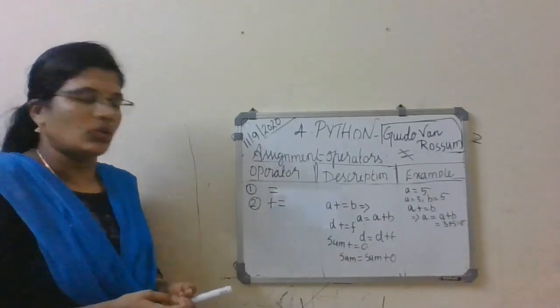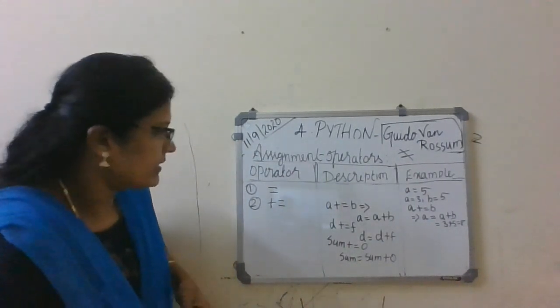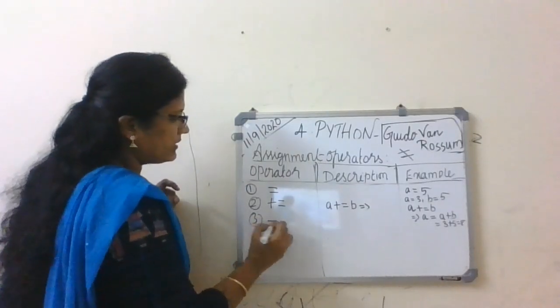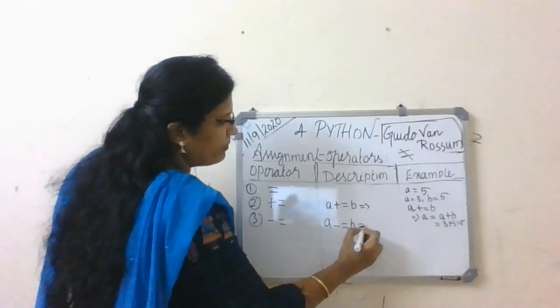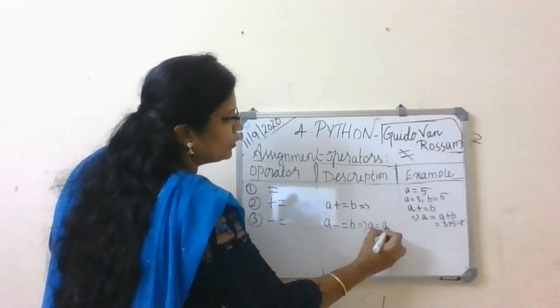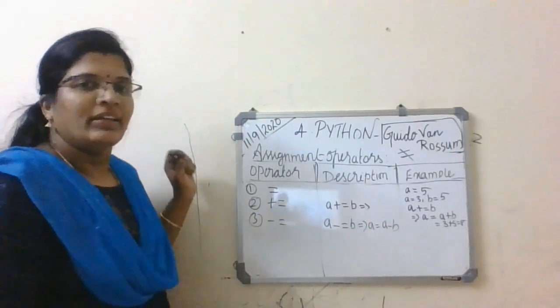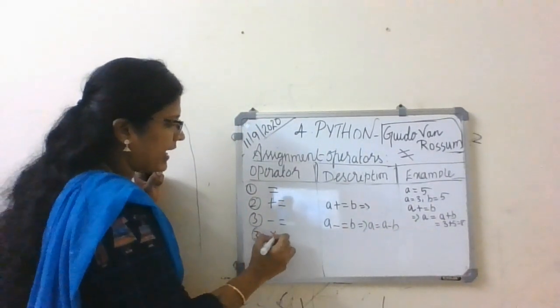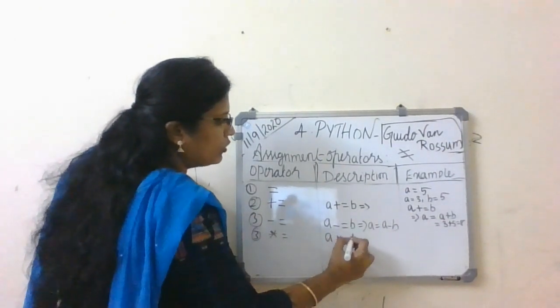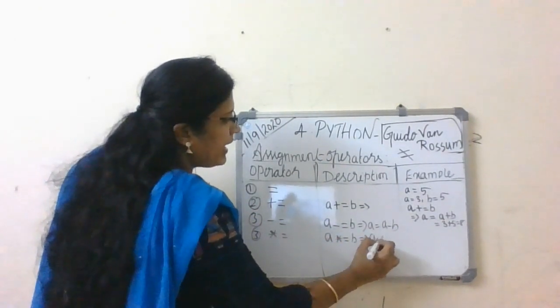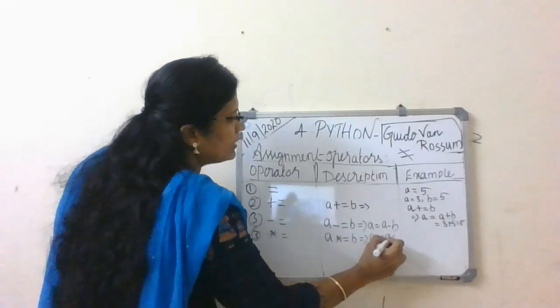Similarly, minus also. A minus is equal to B implies A is equal to A minus B. Similarly, multiplication. A star is equal to B implies A is equal to A into B.